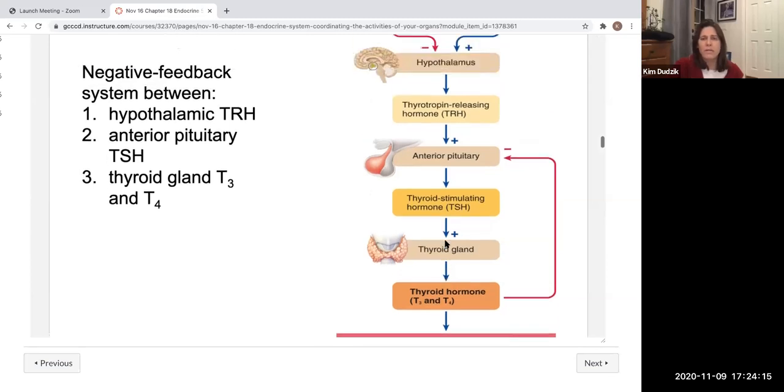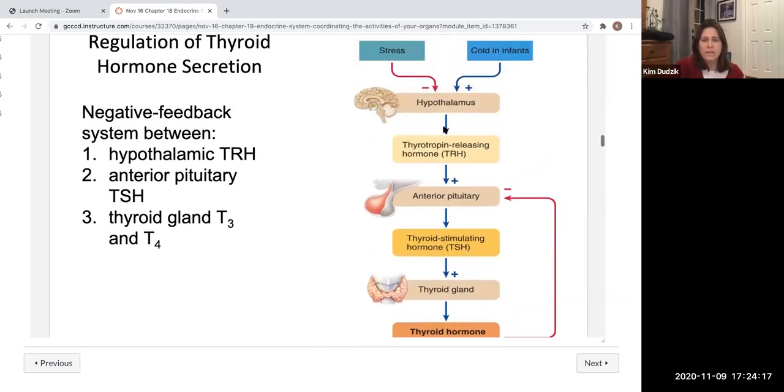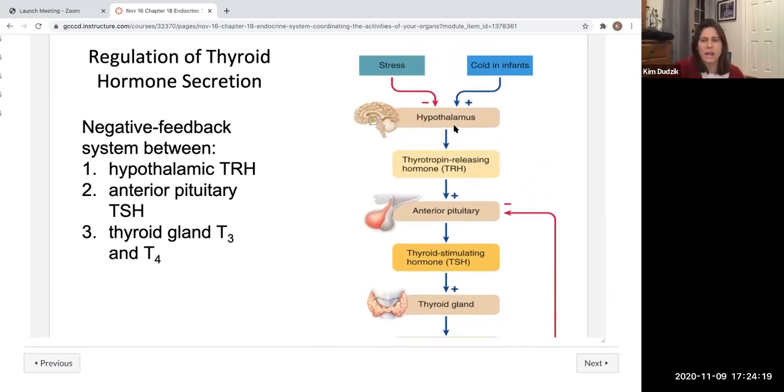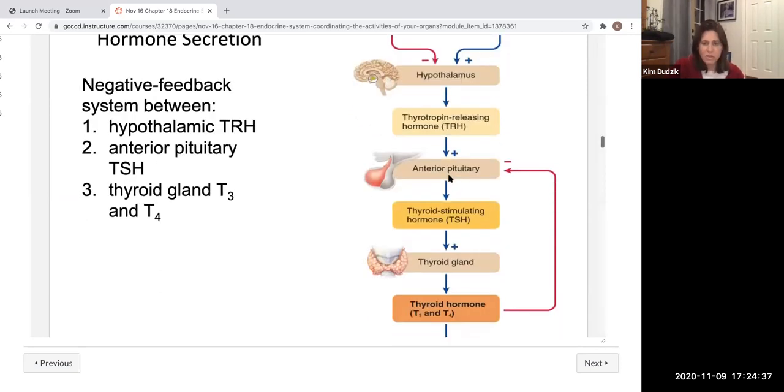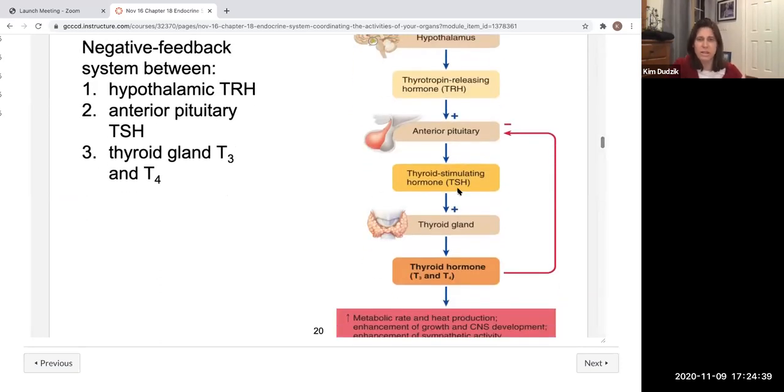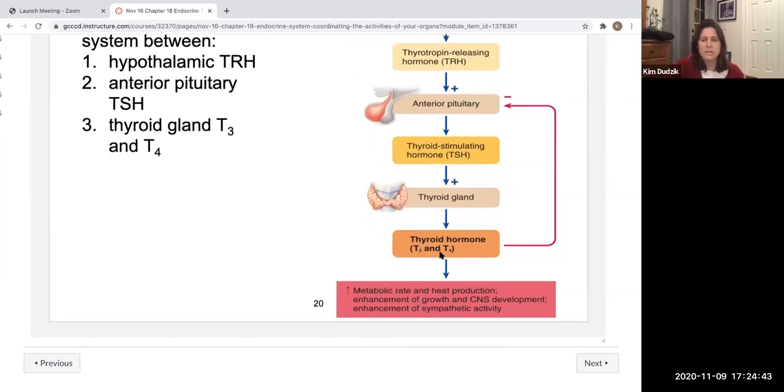Okay, what I pulled out of view here were that other things can also act on the hypothalamus and its control over the anterior pituitary. So in adults, stress can actually have a negative effect on the hypothalamus. When you're very stressed, you can inhibit the hypothalamus from releasing TRH, which inhibits the anterior pituitary from releasing TSH, which inhibits the thyroid gland from releasing T3, T4.